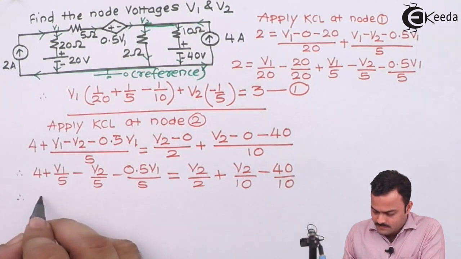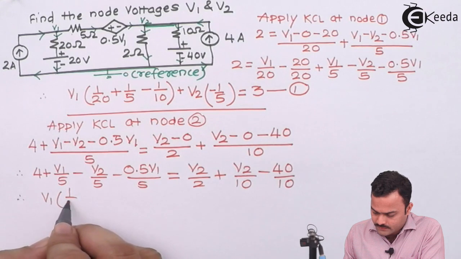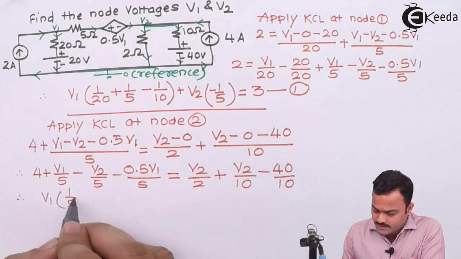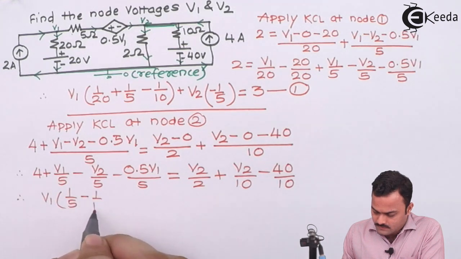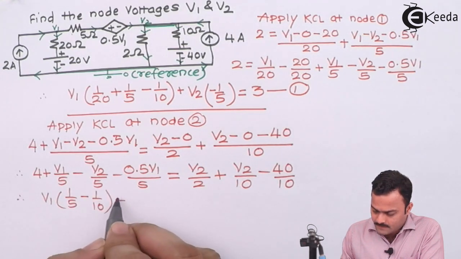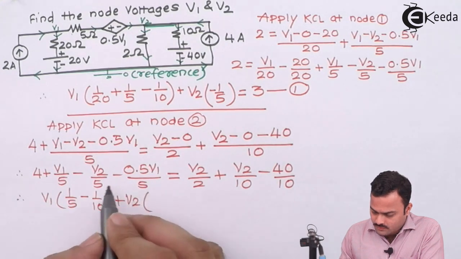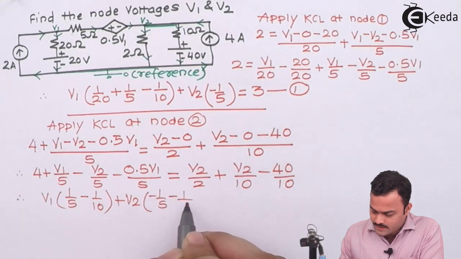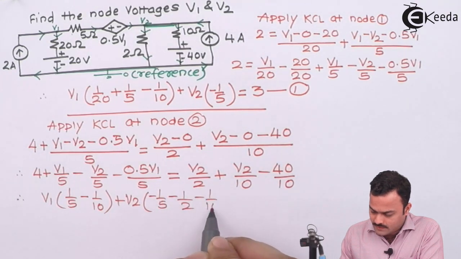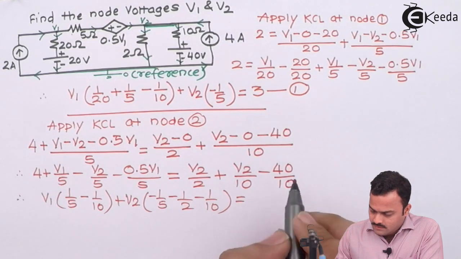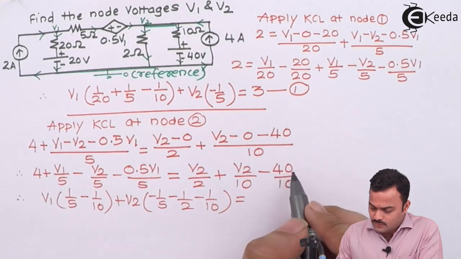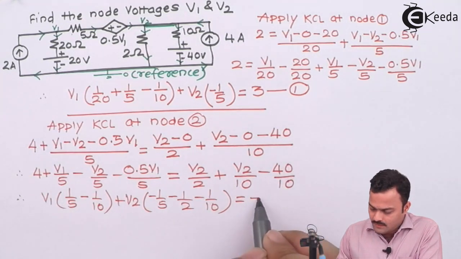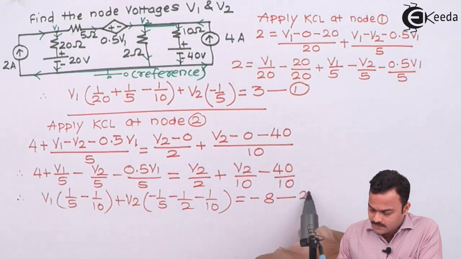Let's club all coefficients of V1 together, so it's 1 by 5, and already we have taken this as minus 1 by 10, so here also minus 1 by 10, plus V2 over here minus 1 by 5. These two terms come over here, becoming minus 1 by 2 minus 1 by 10. Here minus 40 by 10 is minus 4. This 4 will go to that side, so minus 4 will become minus 8 as equation number 2.